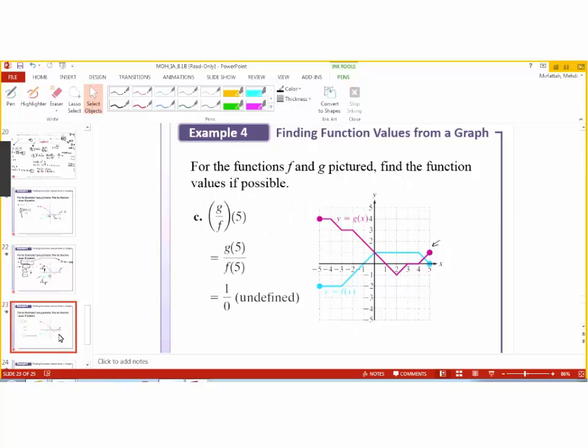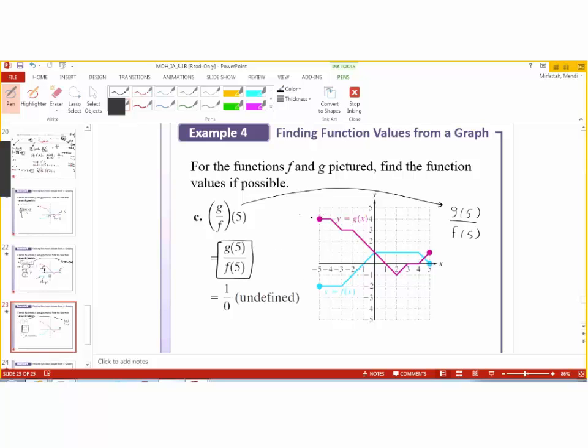Okay, all right. Now let's take a look at the next one. If I want to know what g of f of 5 is, let's translate this. This is g of 5 over f of 5, right? That's what it is. G of 5 means when x equal to 5 in the g function, 1, 2, 3, 4, 5, this right here, what is y?